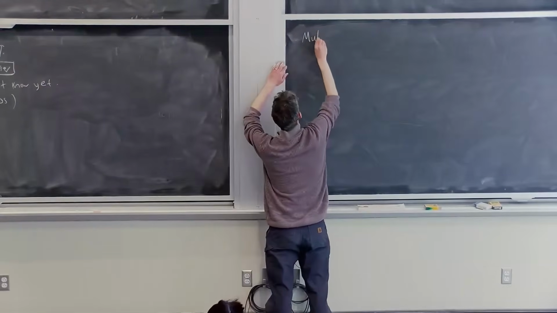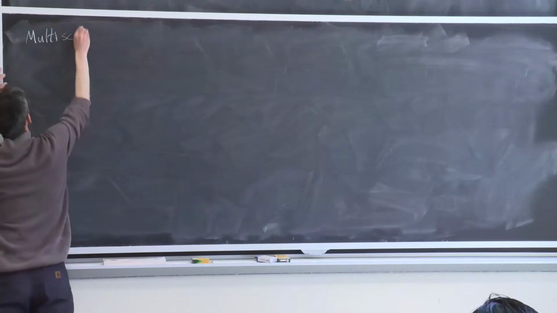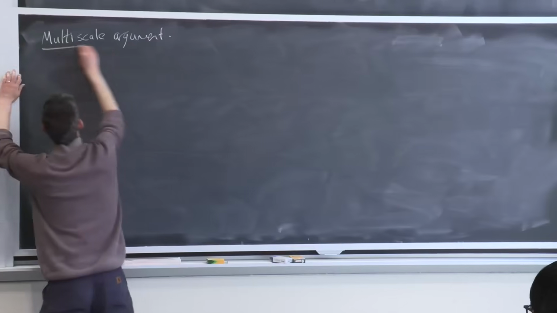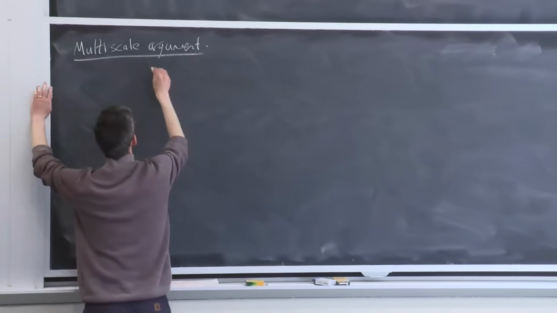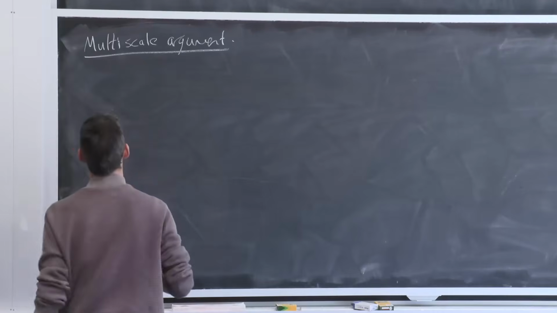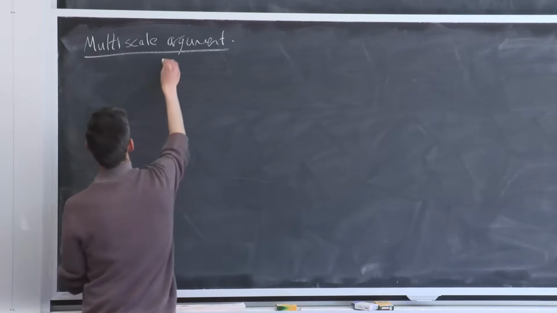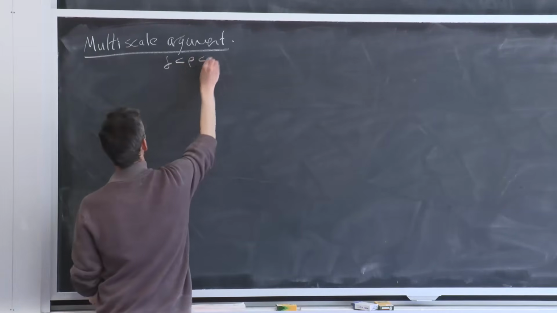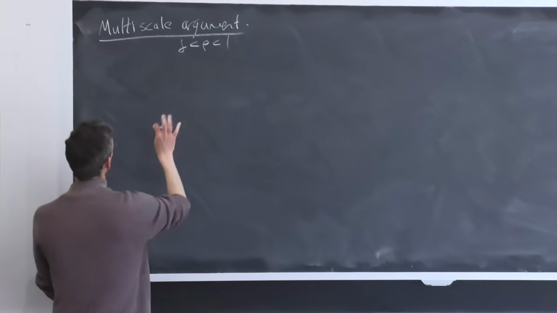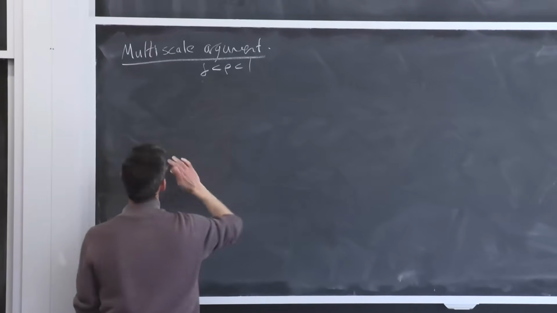Multi-scale argument. So we're going to have delta, and we're going to have some scale which is in between delta and rho. And I'm going to visualize E at this scale, but also at that scale.